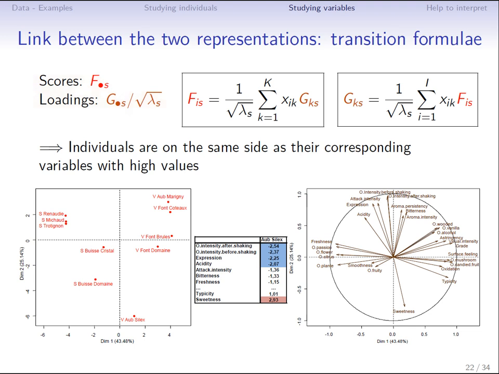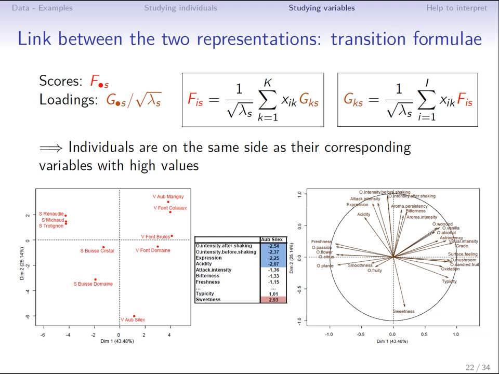The transition relations are the two following equations: the coordinate of an individual explained by the data and the coordinates of the variables, and the coordinate of a variable explained by the data and the coordinates of the individuals. This result is essential for interpreting the data and makes PCA a rich and reliable experimental tool.